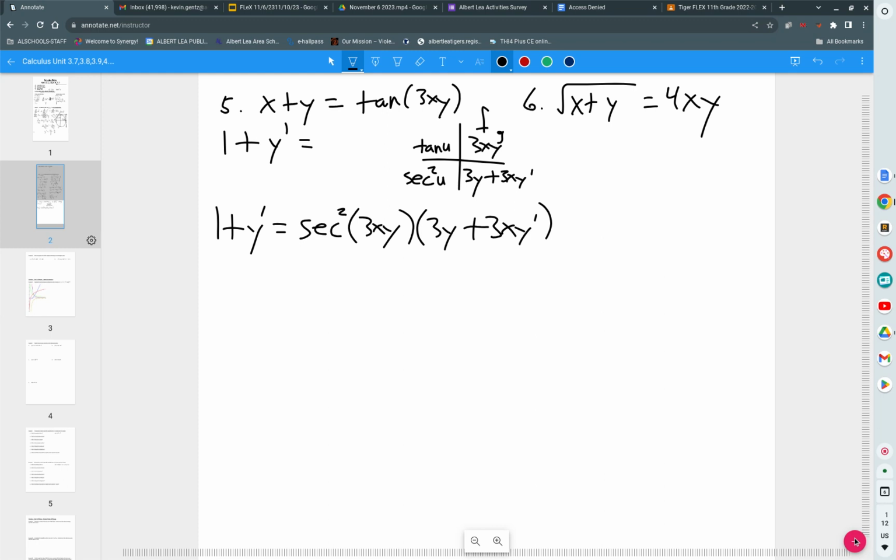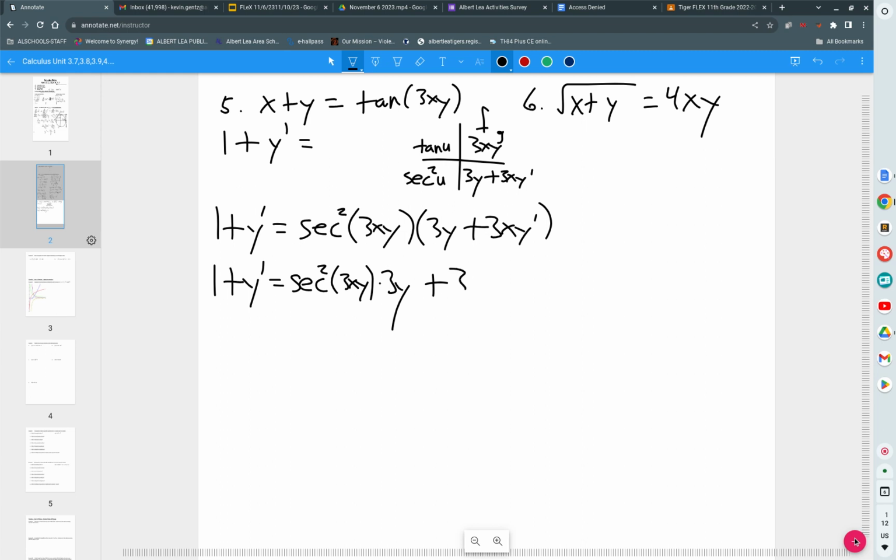There's no good way of really doing this other than to just distribute the secant squared of 3xy to each term. Okay? So when you get here, a lot of people are like, well, shoot, what do I do now? Well, we just do 1 plus y prime is equal to the secant squared of 3xy times 3y.